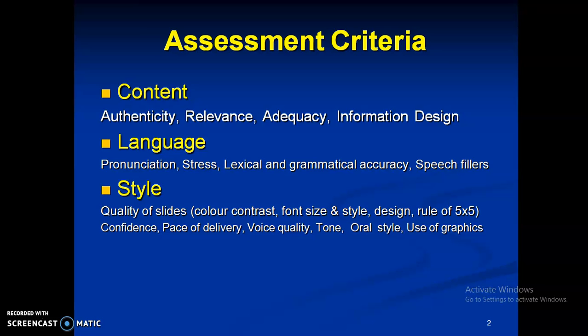It should have been collected from reliable resources. When you say, let's say, Shakespeare as a tragedian or as a comedian, or provide some information about Shakespeare or some other playwright or poet, the information you are providing to the listeners has to be authentic.